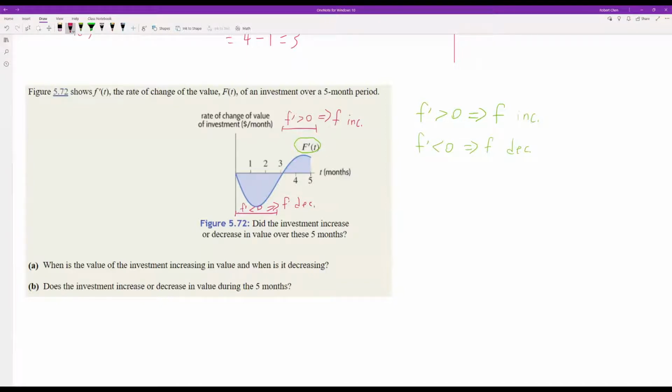Okay, let's look at part B. Does the investment increase or decrease in the value during 5 months? So in this case, we actually want to find the total change of investment between 0 and 5. By the fundamental theorem of calculus, we want to figure out the sum of these two areas.